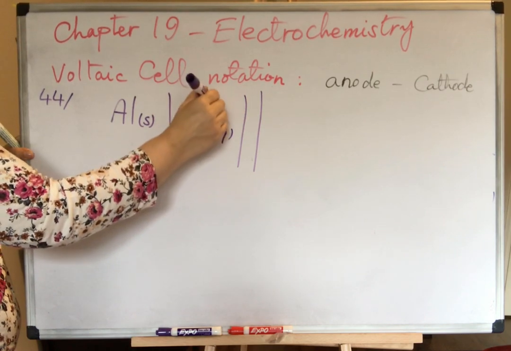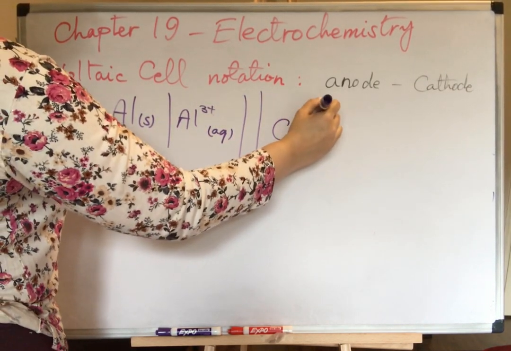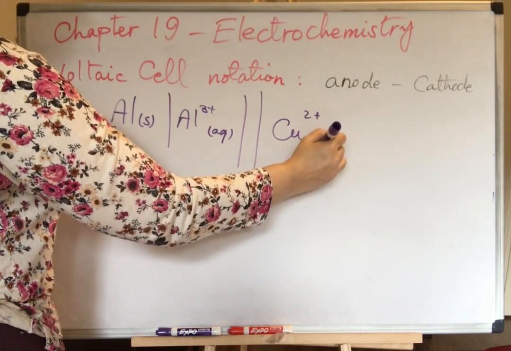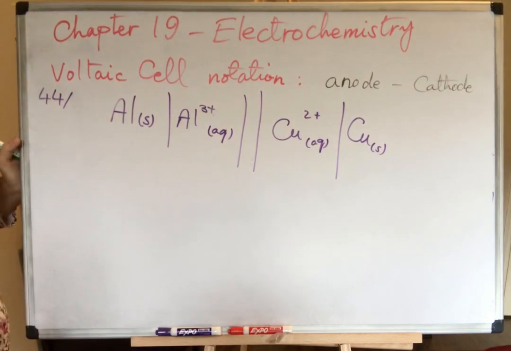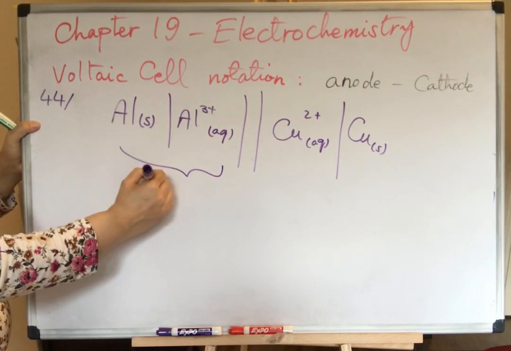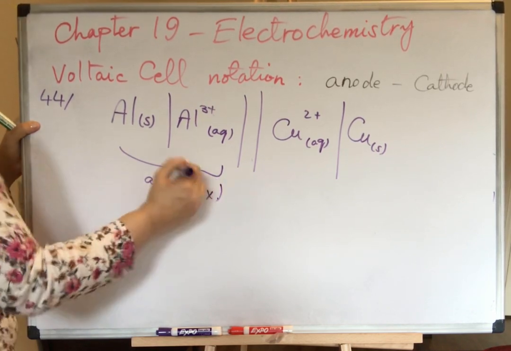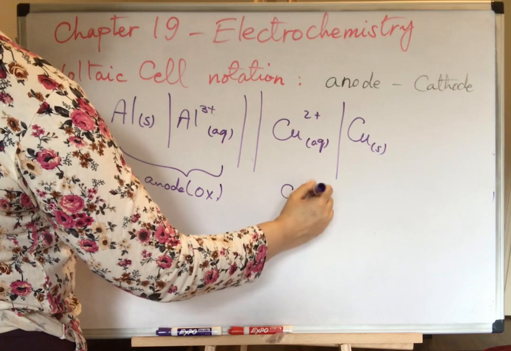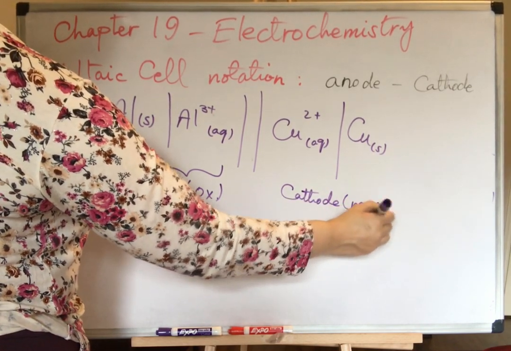This is salt bridge, right? This means that on the other side you have the reduction. Alright, so this side is anode or oxidation. This side you have cathode or reduction.